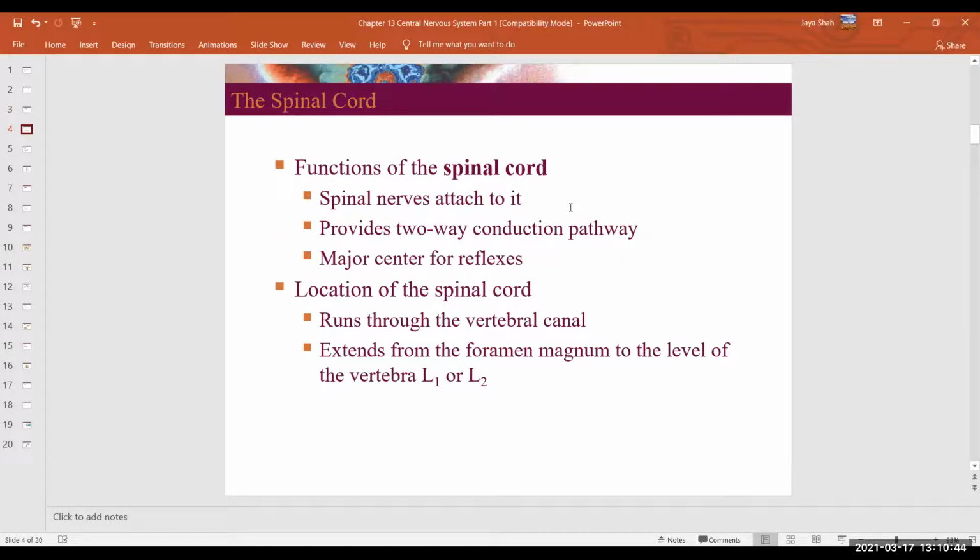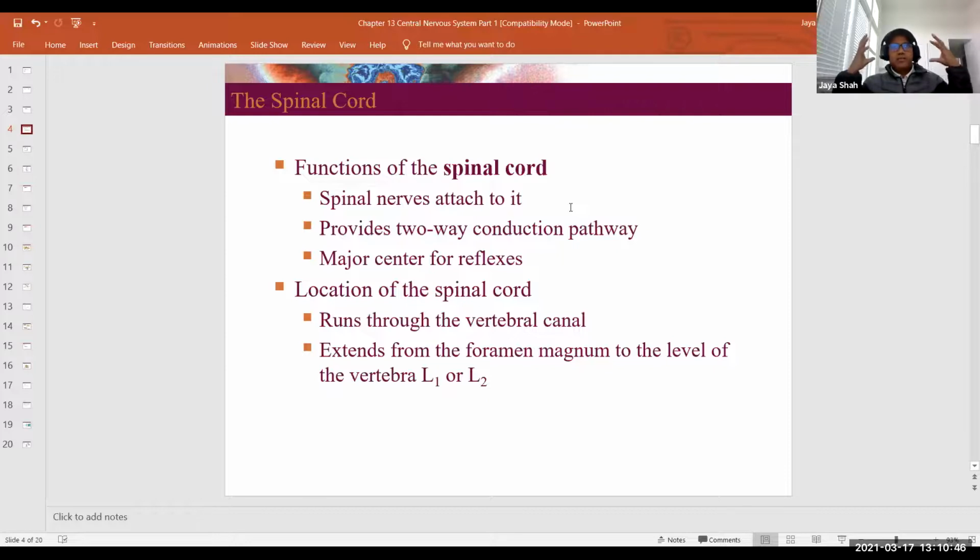The spinal cord function. So the brain is the main, brain and spinal cord. When we divide the nervous system into the central nervous system and peripheral nervous system, the peripheral nervous system is the transmission activity. It takes the information, it brings the information, it is like a highway. The sensory pathway takes the information to the brain and spinal cord, and the motor pathway brings the information out from the brain and spinal cord.